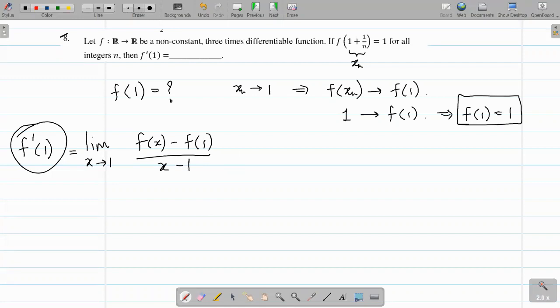So what do I do? कैसे निकालेंगे ये लिमिट?